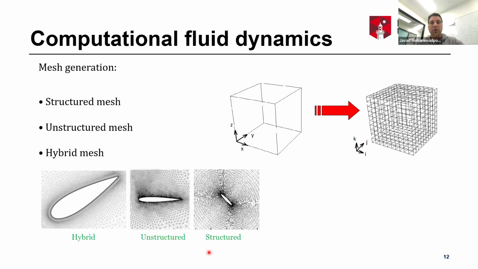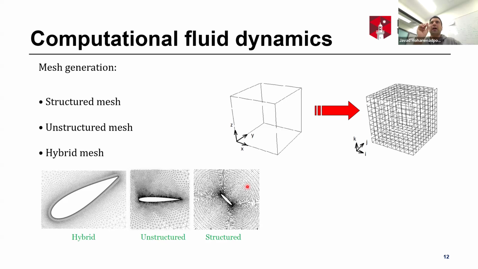The structured mesh that you can see here means that when you look at this mesh, there is a specific and certain pattern in the mesh generation. The expert uses, for example, hexahedral or prism type cells.